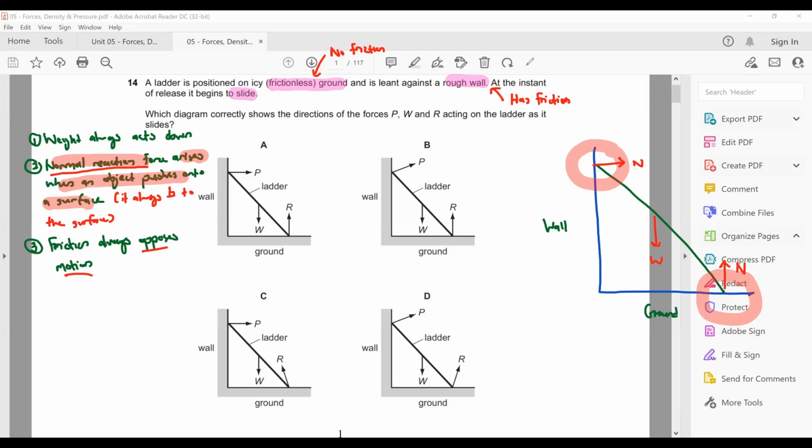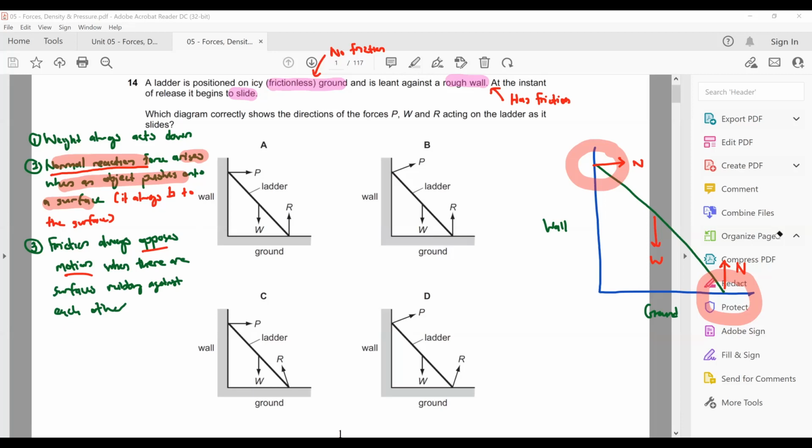Okay, it always opposes motion when there are surfaces rubbing against each other. Okay, so we know that at these 2 points that I circle here in red, the ladder is rubbing against the wall, is rubbing against the ground.